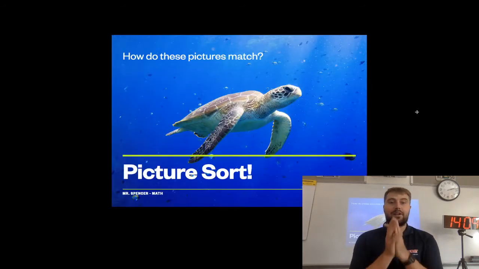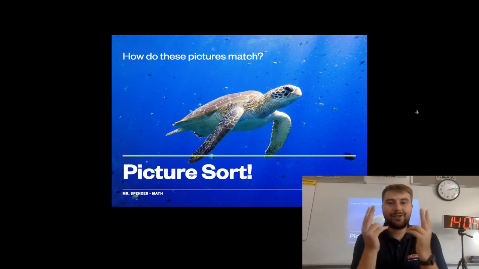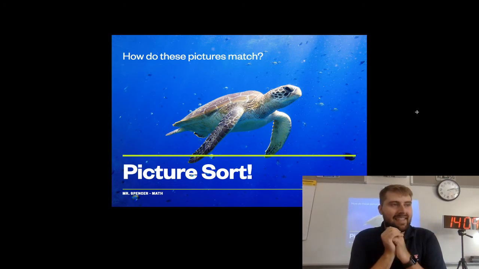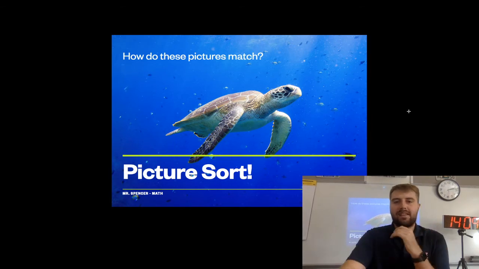So the next thing we're going to attempt is a picture sort. You will see two groups of pictures, and then we're going to try and figure out why the student that grouped these pictures grouped them the way that they did.